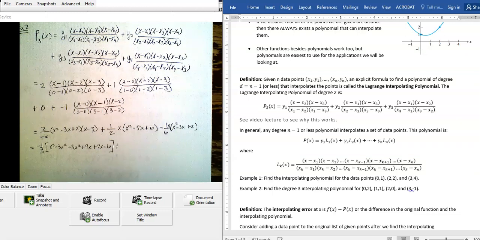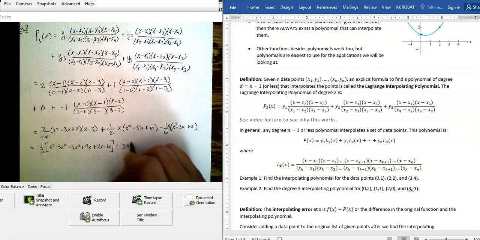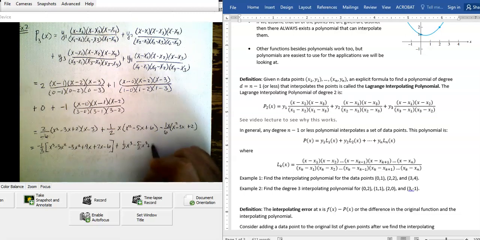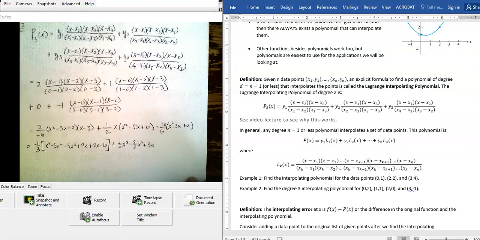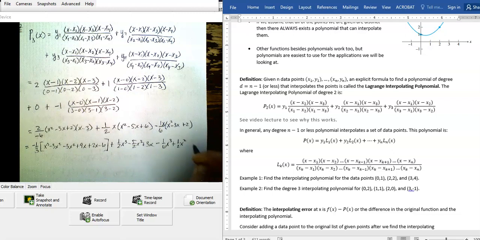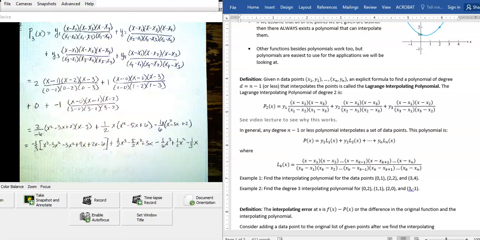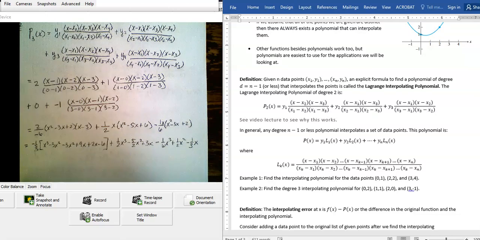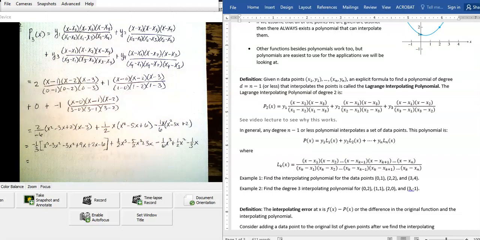Plus, we can get all our terms here, so that would be 1/2 x cubed minus 5/2 x squared plus 3x, minus 1/6 x cubed plus 1/2 x squared minus 1/3 x. Alright, so let's go and collect all of our terms here.